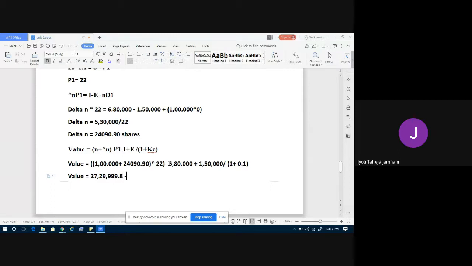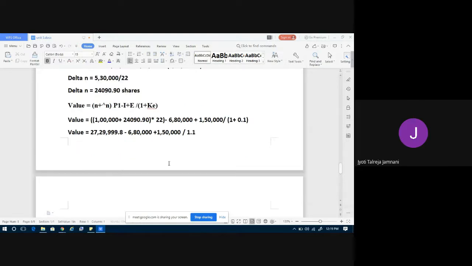From this, we'll minus 6 lakh 80,000. Then we'll add 1 lakh 50,000. And the entire thing will be divided by 1.1.